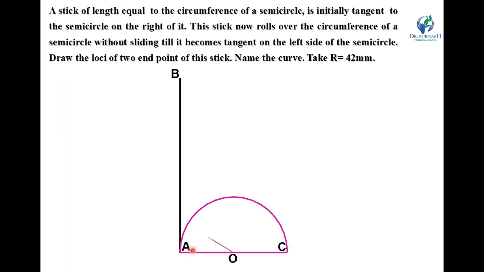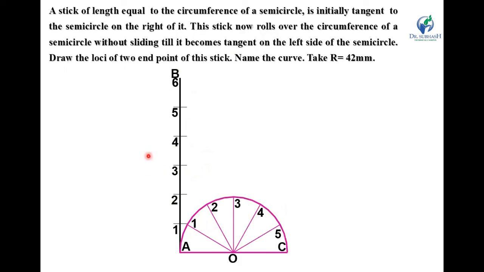Now divide this semicircle into 6 divisions. Similarly, divide this line AB into 6 divisions. Now this line will start rolling on this semicircle.